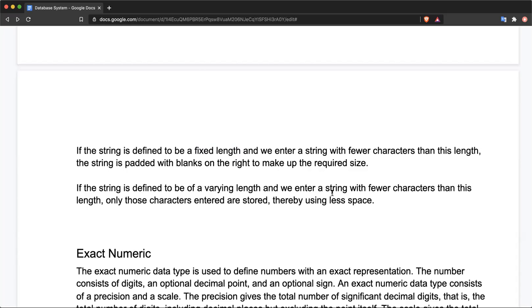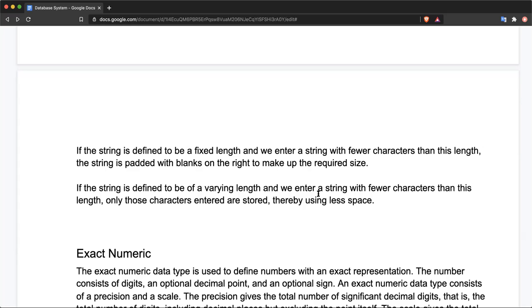Thereby it reduces memory and does not waste storage space. So the space for 7 characters is saved if we define the data type of the column as varchar.